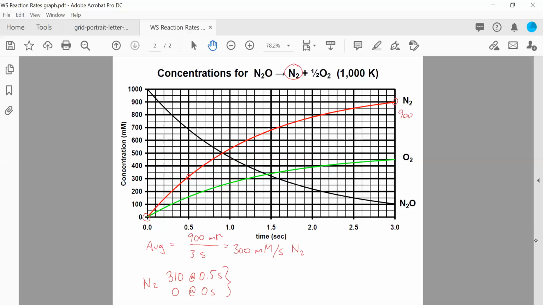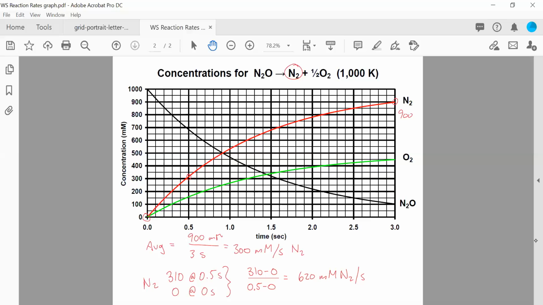So the average rate for N2 over the first half second would be a rise of 310 minus 0 over a run of 0.5 minus 0, or 620 millimolar of N2 per second. Okay, so we can see that the rate over the first half second is actually quite larger than the rate over the whole 3-second time period.